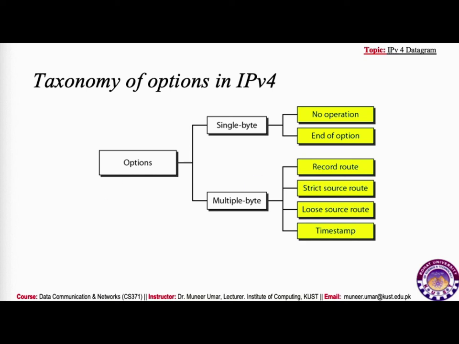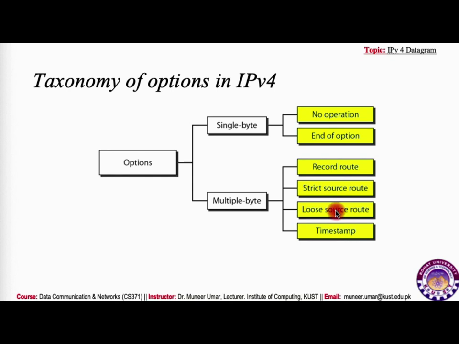Then we have strict source route. It is used by the source to predetermine a route for the datagram as it travels through the internet. Then we have loose source route. This option is similar to the strict source route, but it is less rigid.